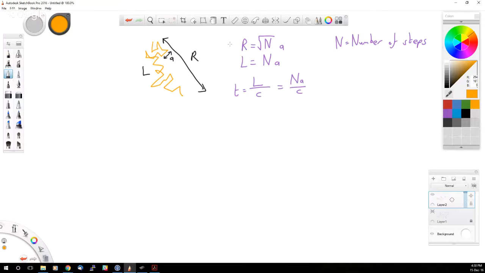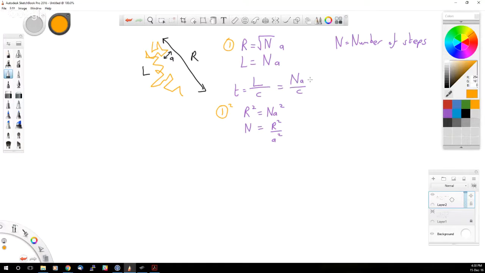However, if I call this equation 1, and then I say equation 1 squared, I get R squared equals N A squared. And I can rearrange that to get N equals R squared over A squared.